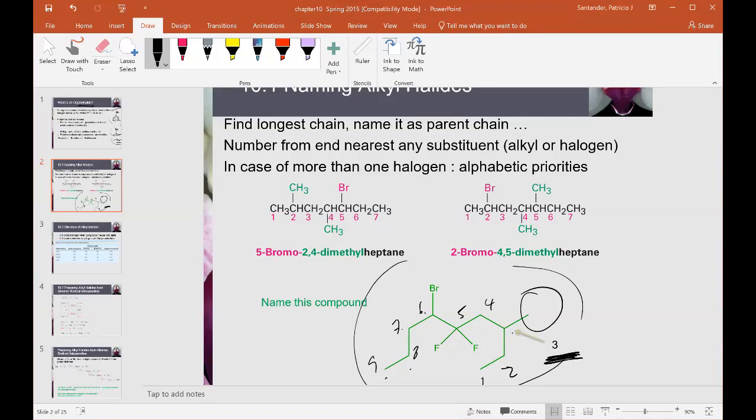On carbon number 5, I have 2 fluorines. So it will be 5,5-difluoro. And then on carbon number 3, I have a methyl. So there you will have the complete name. It will be 6-bromo-5,5-difluoro-3-methylnonane. So that will be the complete name.